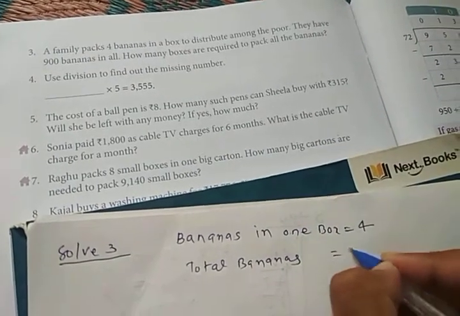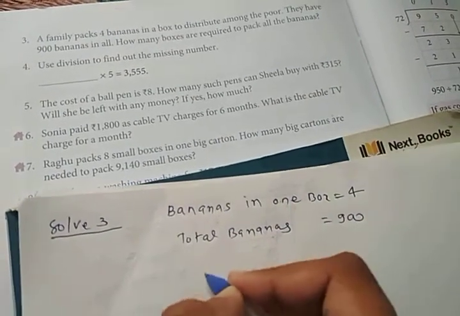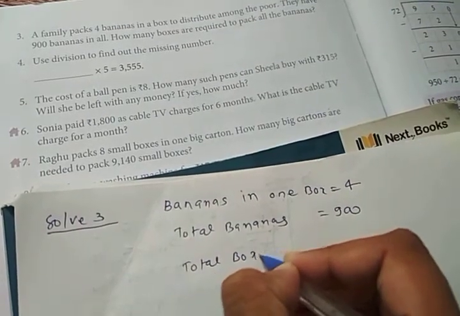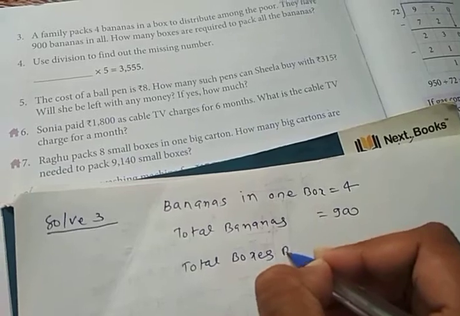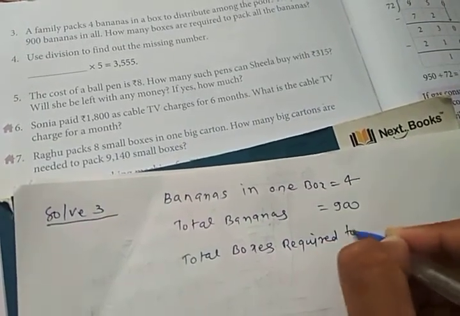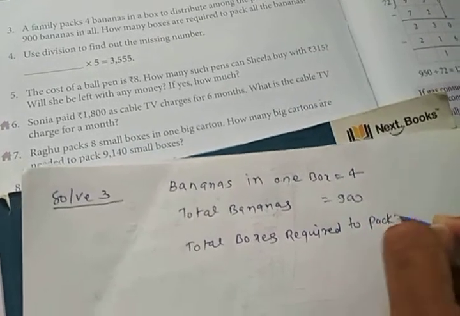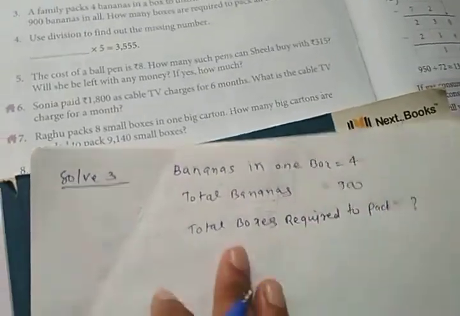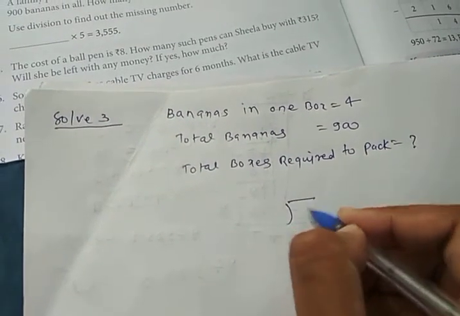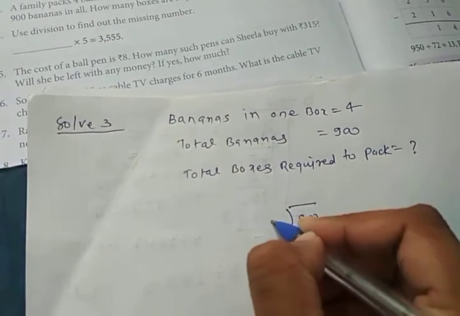We need to find out total boxes required to pack. Now we'll divide 900 by 4.